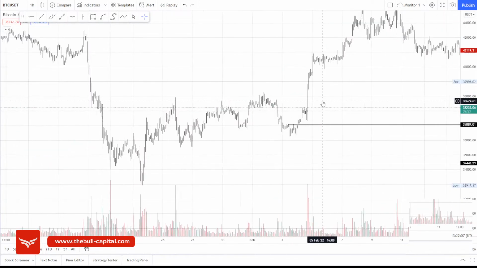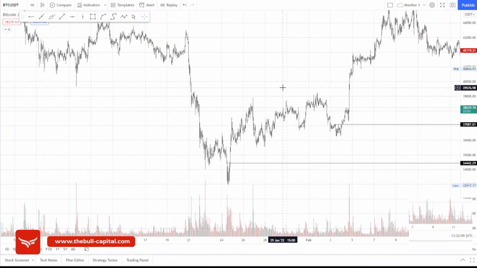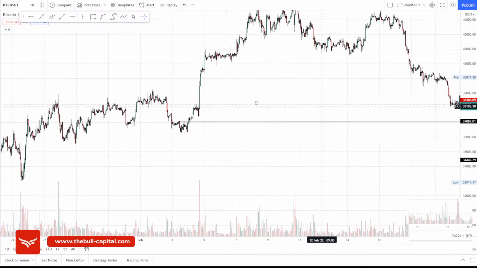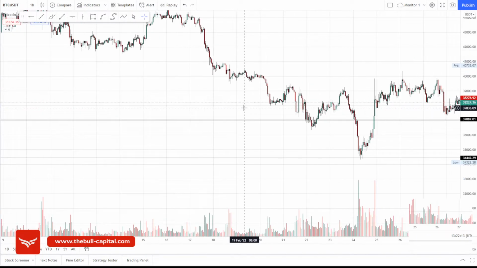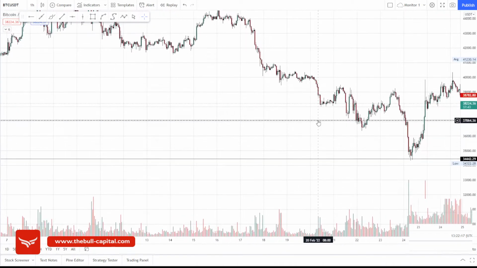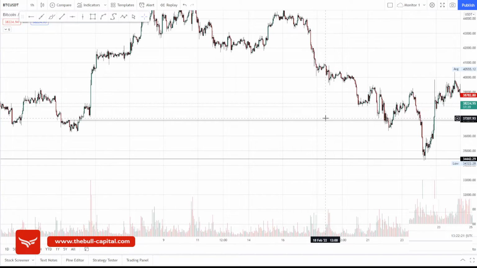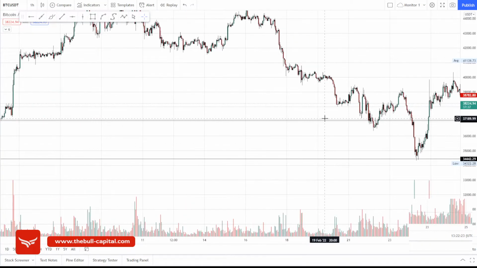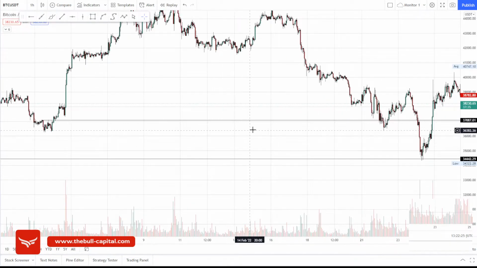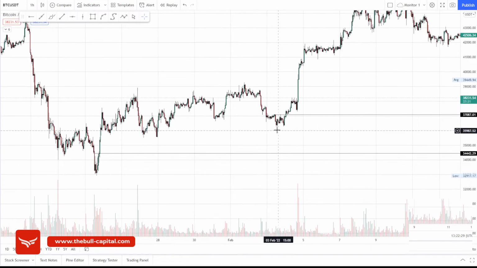We'll see in the future, let's see actually right now. So yeah, here it is. We had a little bounce, it bounced here a little bit higher, and then it went lower to this one from here.